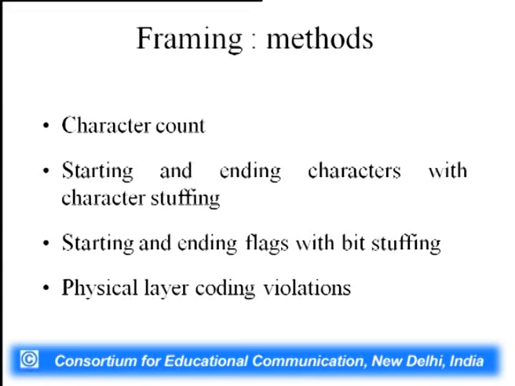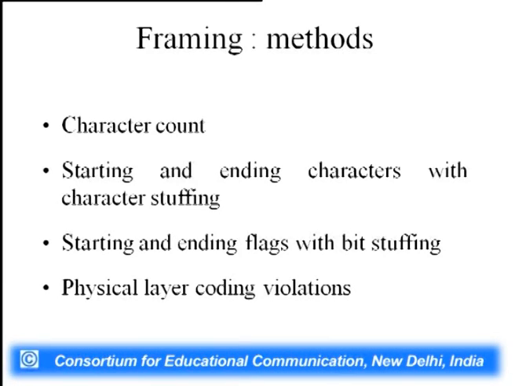At the starting as well as the ending, I am stuffing some special characters, the starting and ending flags. Or if I am sending bits, then instead of adding characters at the start and end, I will have certain special bits, starting bits and ending bits, that we call flags, and that is what is called bit stuffing.